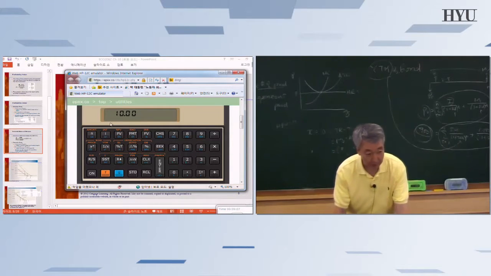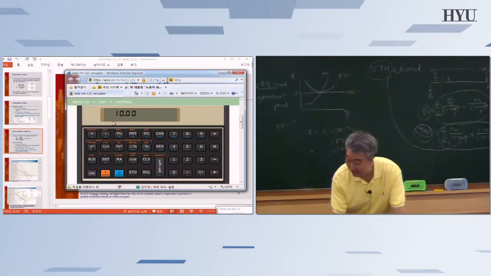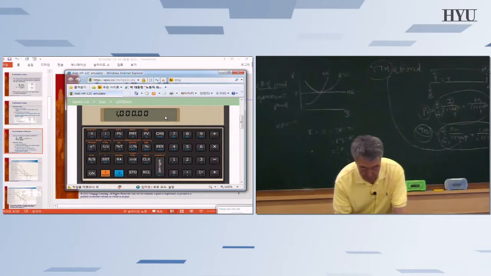What else do I need? Well, that's what we are looking for, right? What about the par value? Yeah, 1,000 as the future value, okay? And then solve it for interest rate.